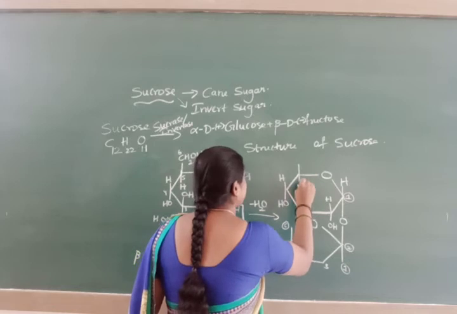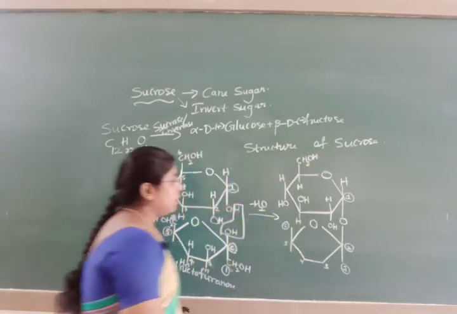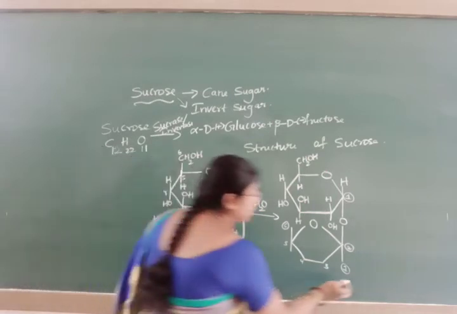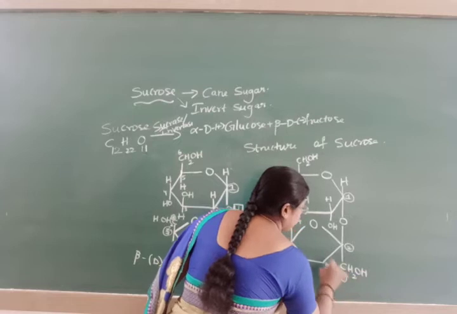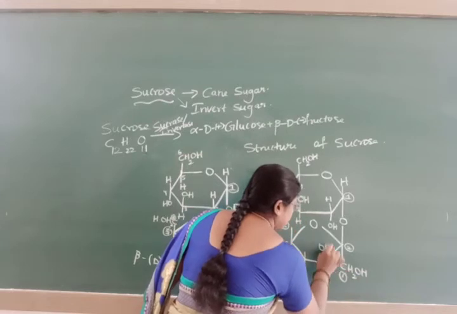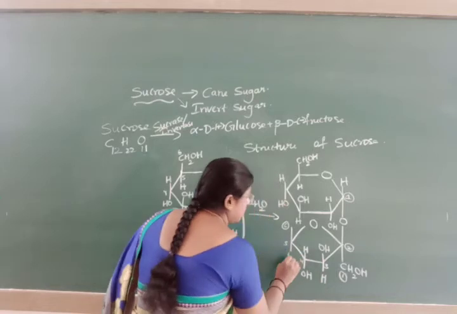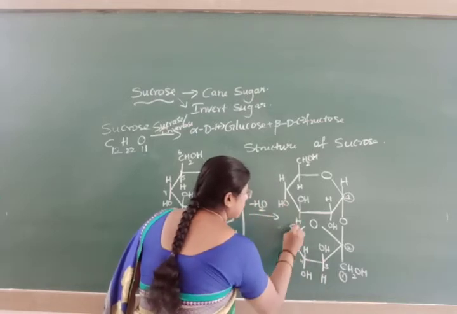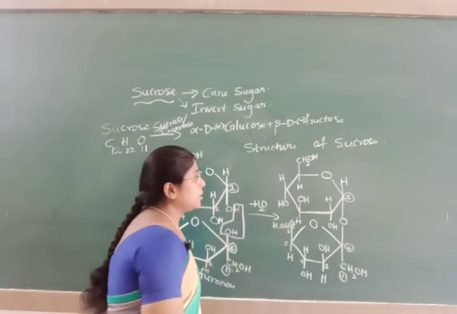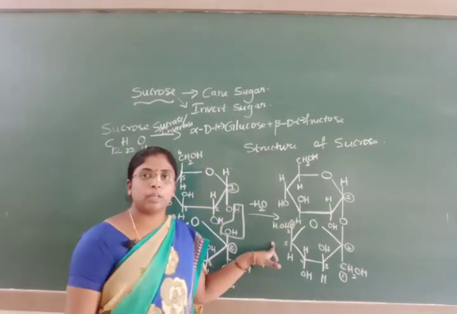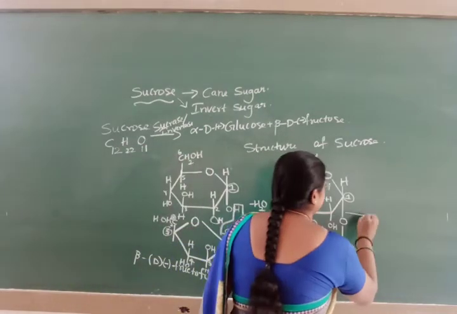Last comes the sixth one, HCH2OH. The first carbon has CH2OH. Third OH, H. Fourth is H, OH. Fifth carbon will be H, and above comes CH2OH as the sixth carbon. This is the Haworth structure for sucrose. It has a glycosidic linkage.